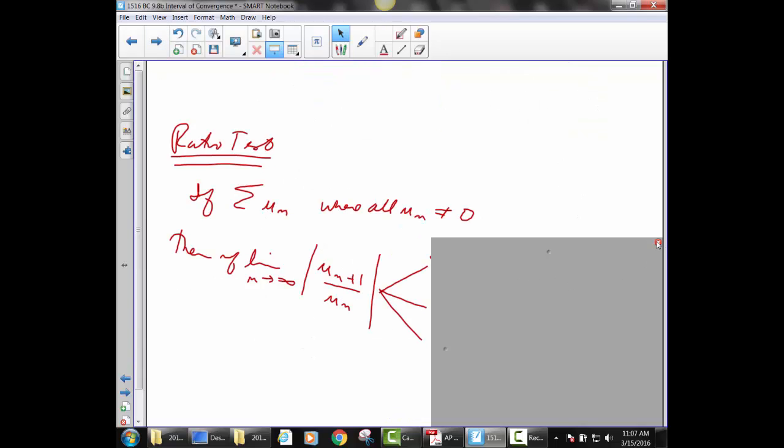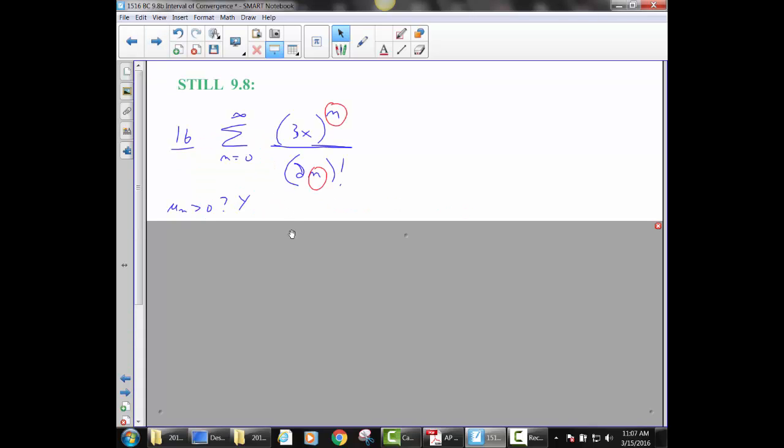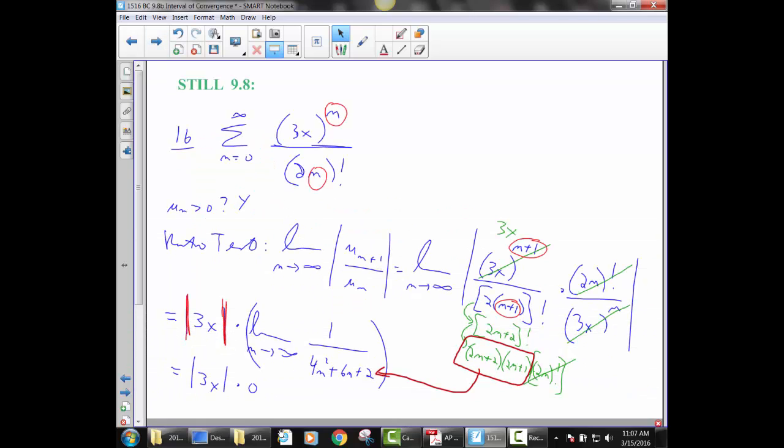Okay, so this is just a reminder of the ratio test. Here's number 16, ratio test will eventually give you a 3x inside. You'll pull it out on the outside with the absolute value. What you'll end up with is 1 over 2n plus 1 times 2n plus 2, which is this expression.